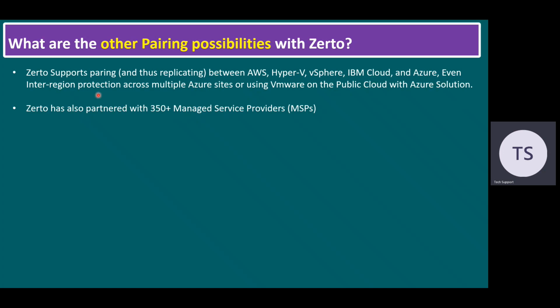Even inter-region protection across multiple Azure sites, or using VMware on public cloud with Azure solution. These are all the other pairing possibilities. And Zerto has also partnered with 350 plus managed service providers, in short form MSPs.